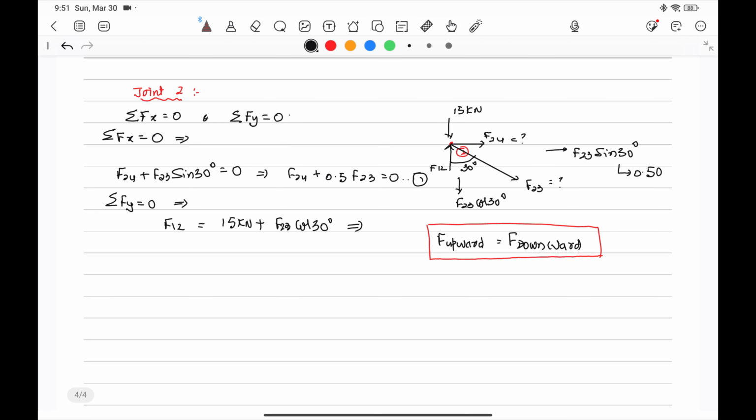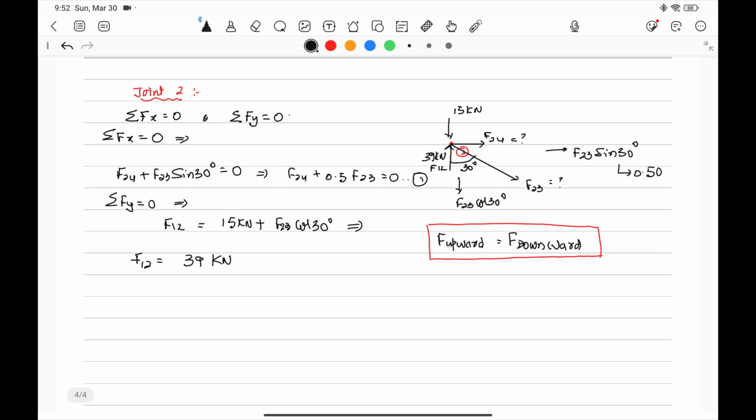Then, what will be the value of F12? F12 is nothing but, what is the value of F12? We are only taking here directions. F12 is 39 kilonewtons. It is 39 kilonewtons acting upwards. Please try to understand.